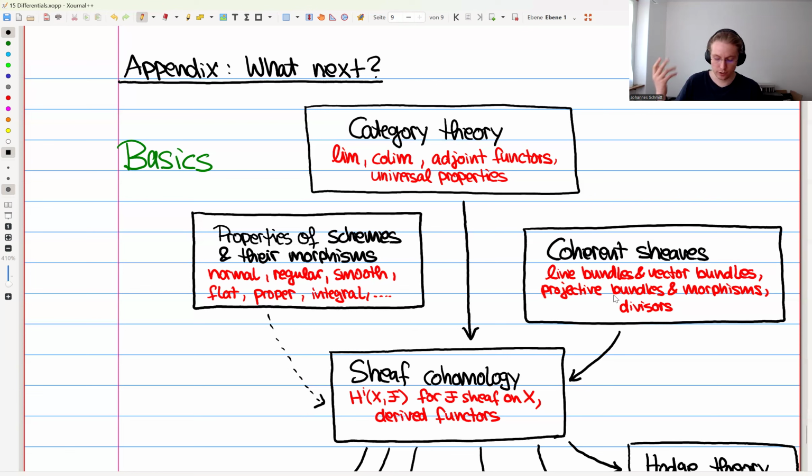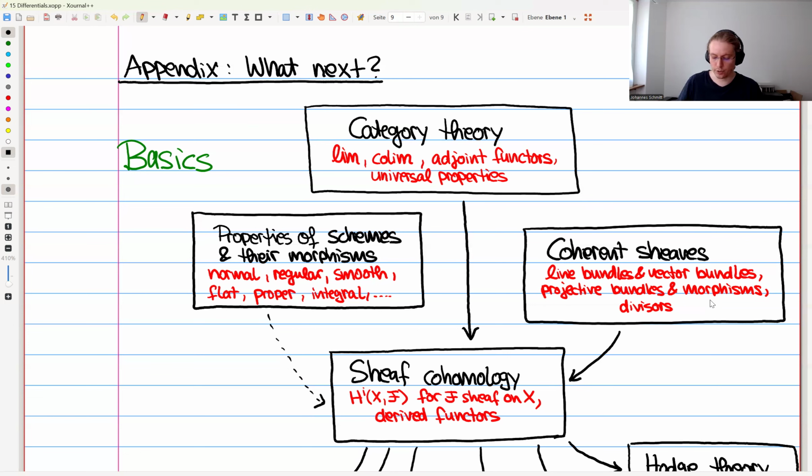You could also take a kind of completion of this, making it not just having vector spaces as the fibers, but also having projective spaces as the fibers. So this would become projective bundles, and then define not just what is a projective variety, but what does it mean for a morphism between two schemes being projective.